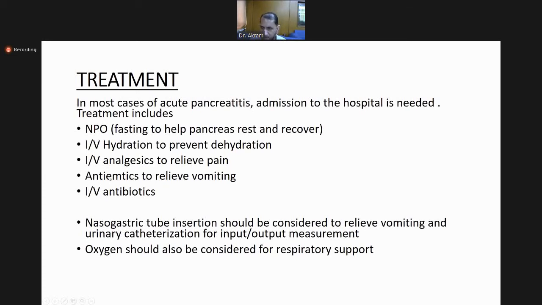Antiemetic if the patient is retching, vomiting, or nauseated. Pass the nasogastric tube and IV catheter. Give IV antibiotics if the patient's WBC becomes raised, or the patient is diabetic, or the patient develops fever.